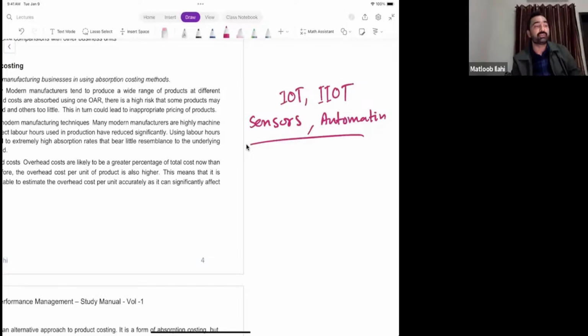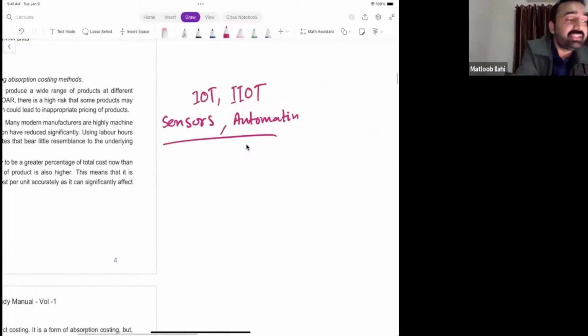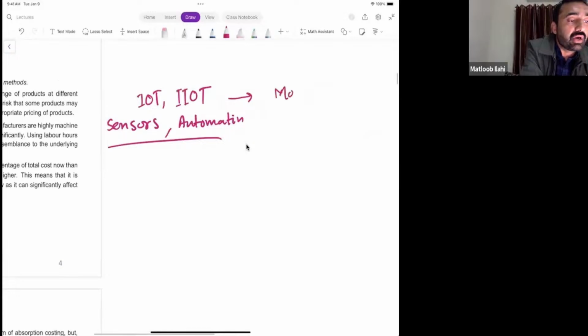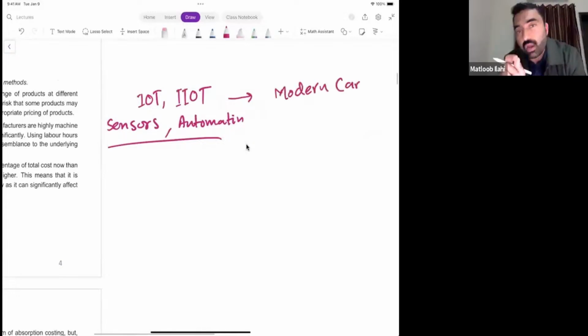Okay, let me make it simple for you. Do you know how many sensors are installed in modern cars? If you buy a Honda or Toyota today, I'm not talking about BMW or Mercedes, which are equipped with more sensors, there are a lot of sensors installed, about weather, about light, about fog, about tire pressure, about outside temperature, belt sensor, driving brake.